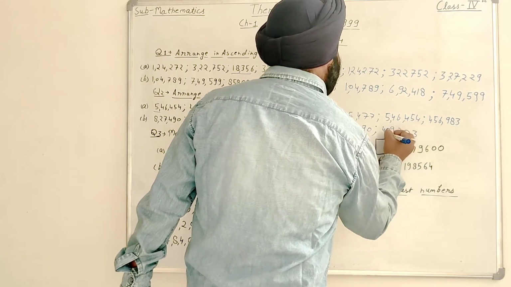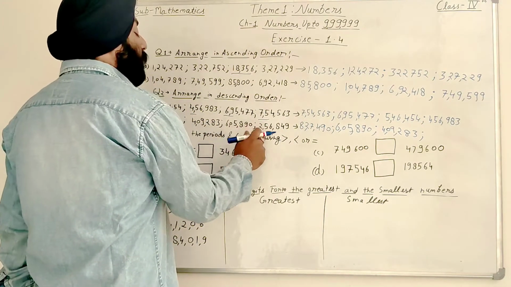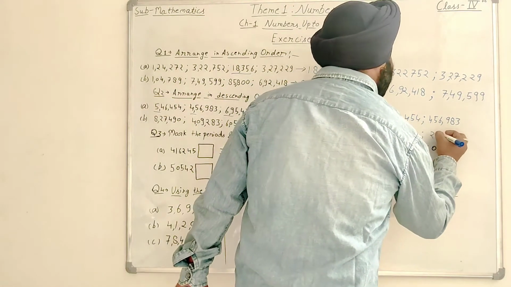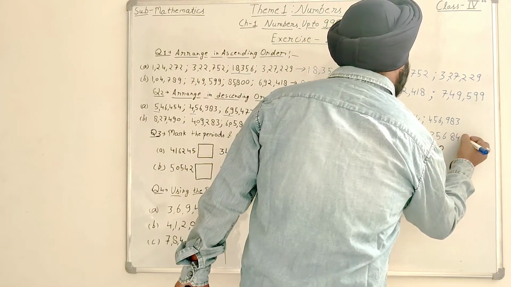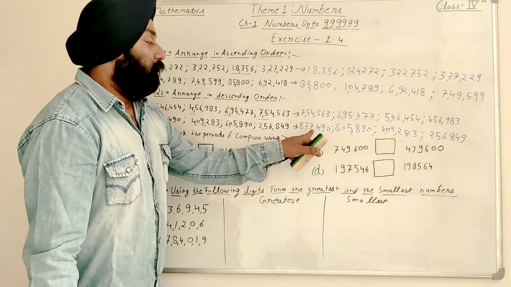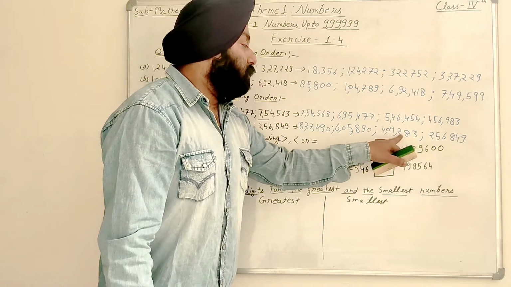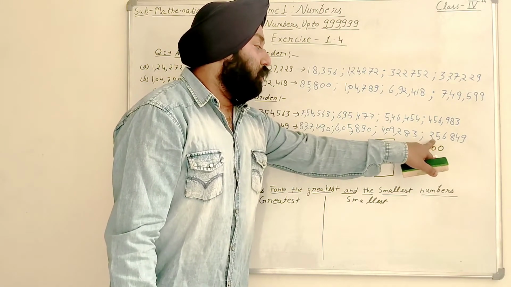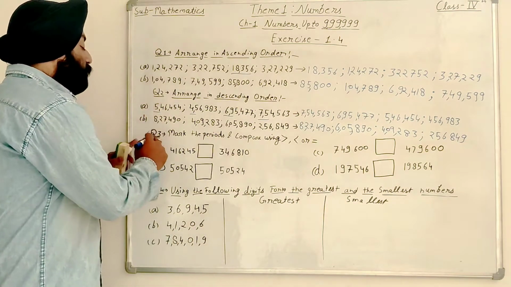Then 2,56,849. That's the correct order: 8,27,490, 6,05,890, 4,09,283, and 2,56,849.